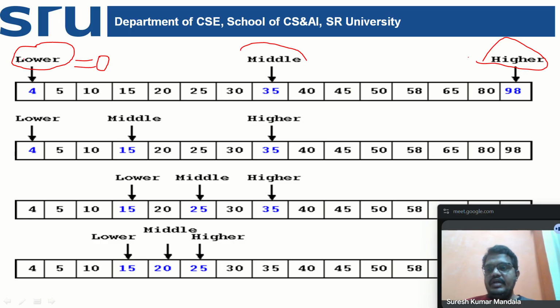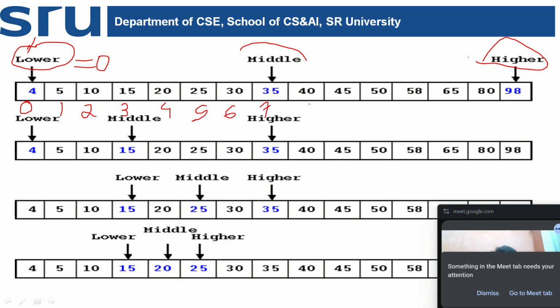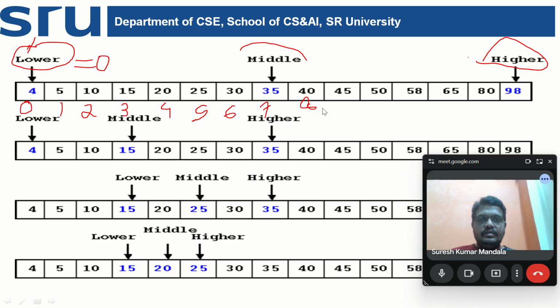First we have to identify the index values. The starting index is 0, next 1, 2, 3, 4, 5, 6, 7, 8, 9, 10, 11, 12, 13, 14.